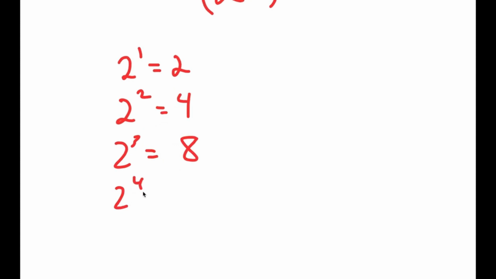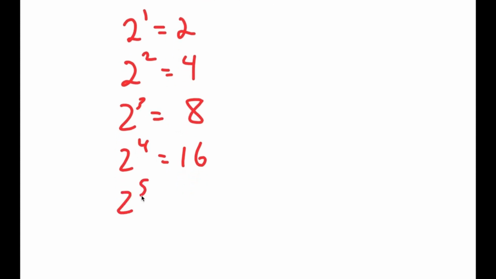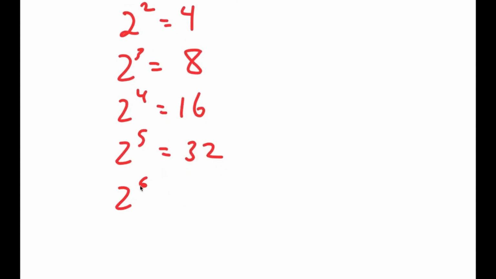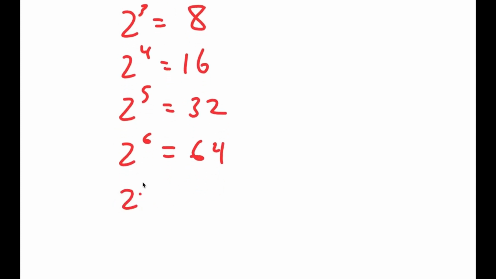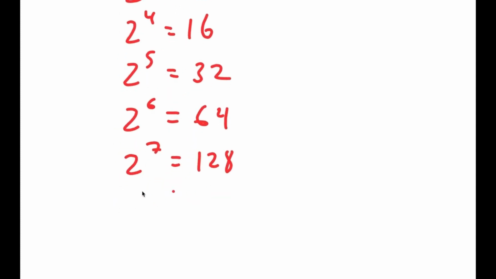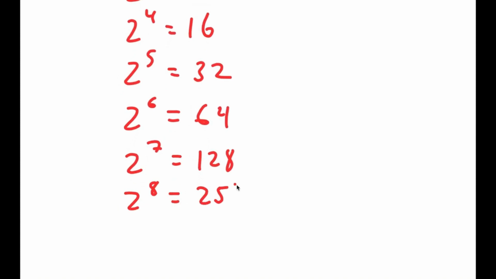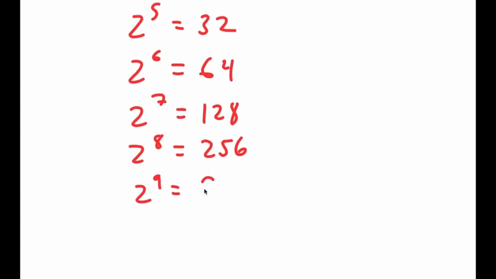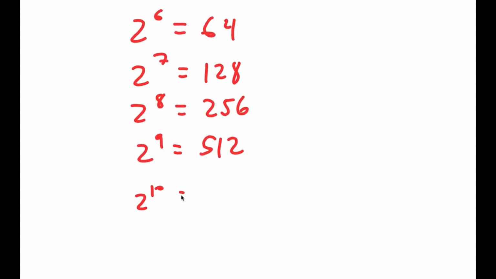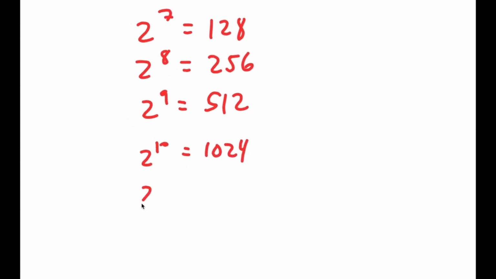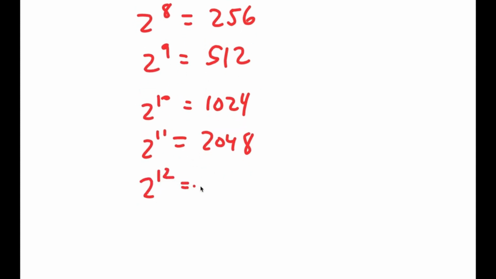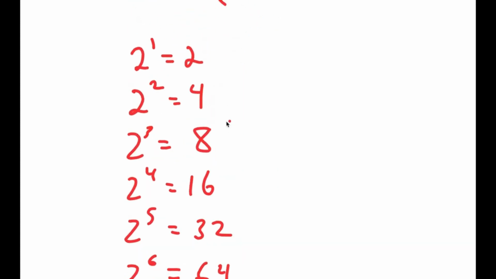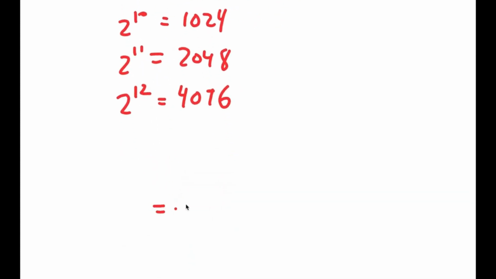So this pattern goes on, and I keep on doubling this, until I reach 2 to the power of 12, which is equal to 4096. So this is my value for 2 to the power of 12. So now I get 4096 squared.